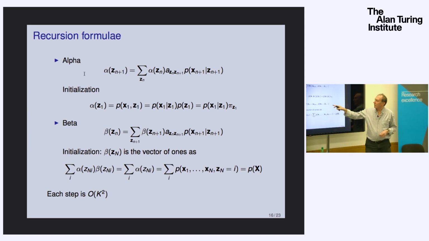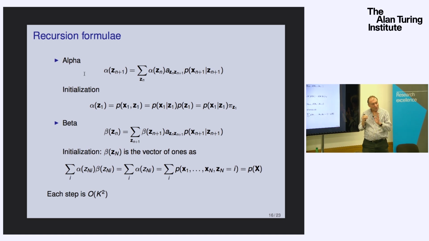Also, we can calculate the betas running backwards from the end. It turns out that the betas should be initialized as a vector of 1s. If you do that, you can run these forward and backward recursions. And then, as we saw, you can calculate P of capital X at any time.